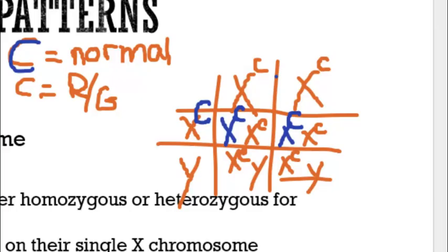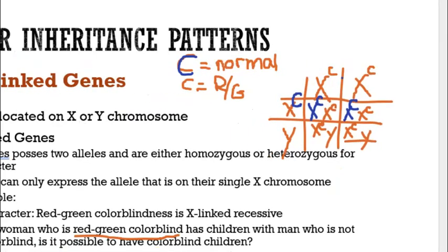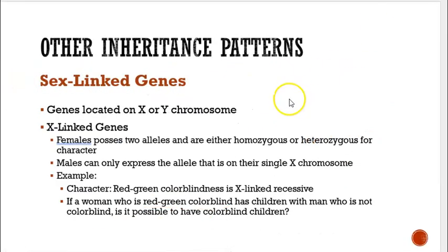The Y doesn't have anything comparable, so once again, whatever's on the X is expressed for males, so they are red-green colorblind. So all of the sons produced by this couple will be colorblind. Okay? Keep on practicing these X-linked problems, and hopefully they'll start to make sense to you.